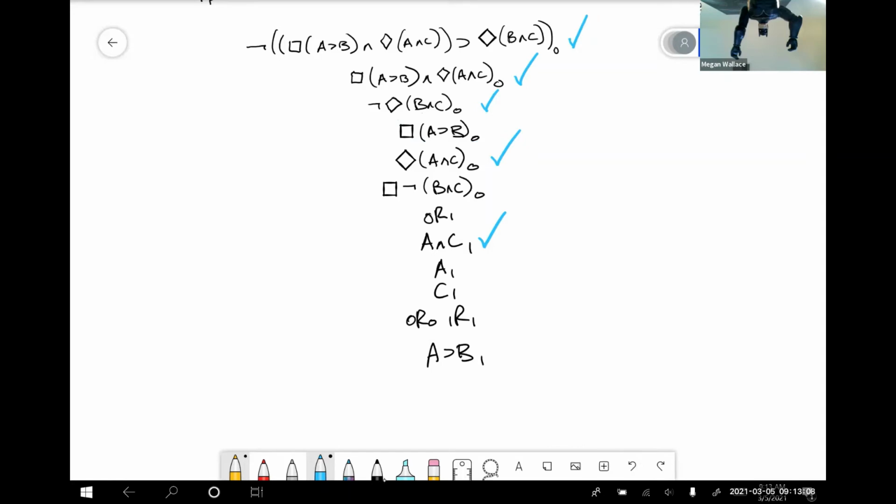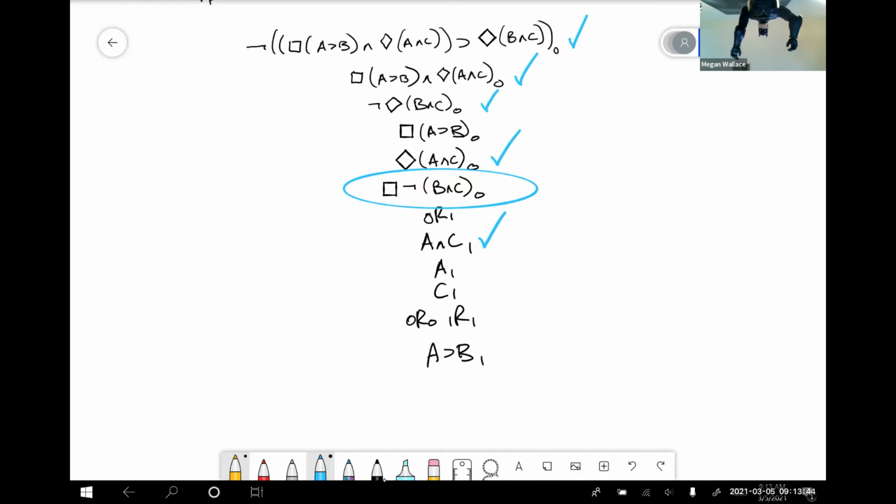Once I've got that, I can also deal with this claim here, which is another box claim at 0. And since I've already seen that I've got a bunch of atomic statements at 1, let's just worry about how all these necessity claims at 0 affect the truth value of certain propositions at 1 to see if we can yield our contradictions a bit more quickly. As was asked in class on Thursday, yes, because this is reflexive, all of these claims that I'm saying are true at 1 are also true at 0, because 0 can see 0 and we have necessity claims at 0.